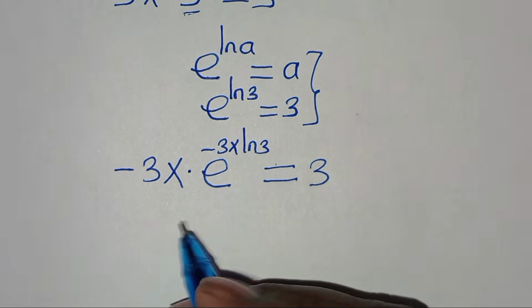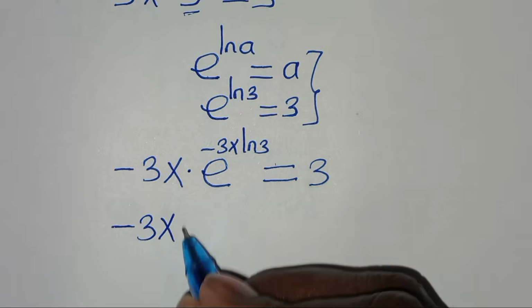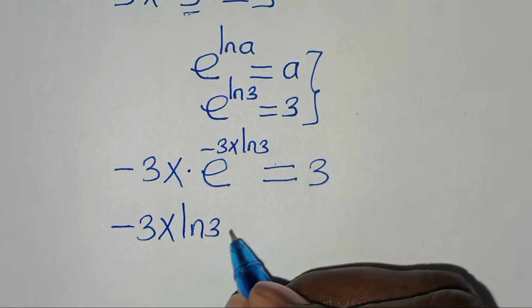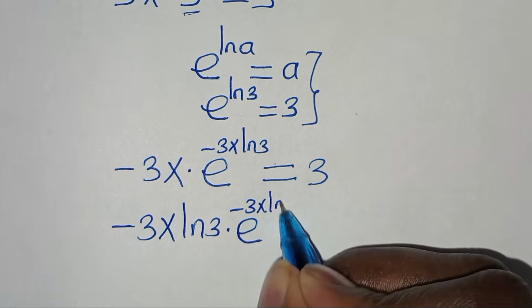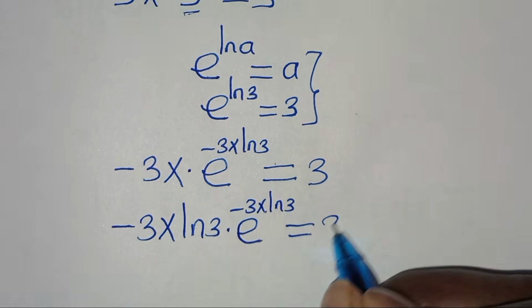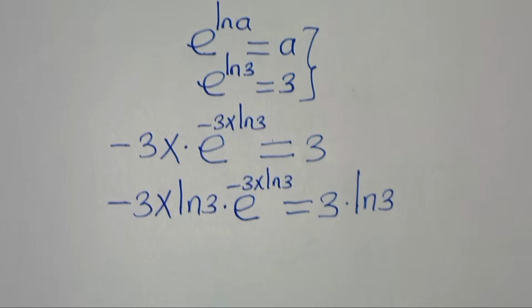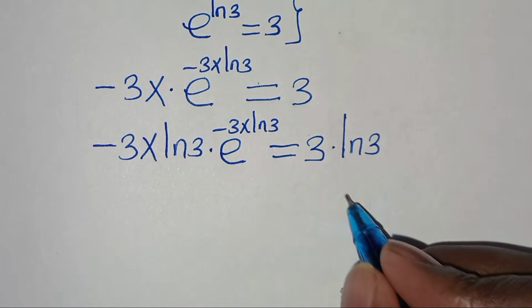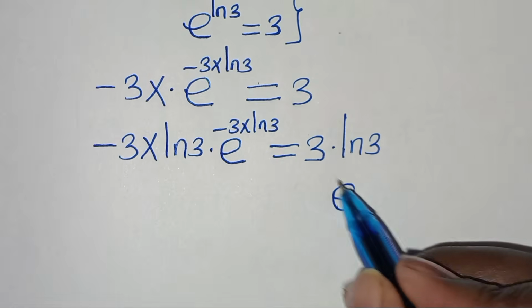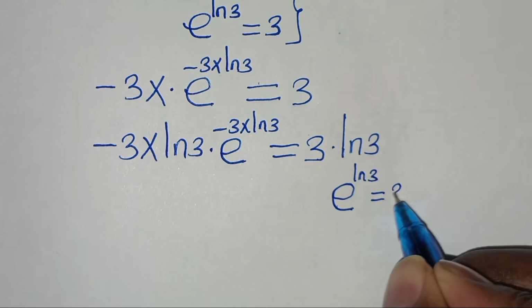So now let's multiply both sides by ln of 3. We have minus 3x ln of 3 times e to the power of minus 3x ln of 3, equal to 3 multiplied by ln of 3. Again, we can apply the exponent property that e to the power of ln of 3 is equal to 3.